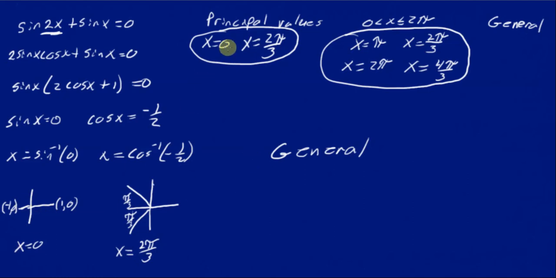So I don't need both of these answers. I just need a single one. And you can start at 0, it doesn't matter. You don't have to go to the principal value. That is the principal value. Start at 0 plus, and I'm just going to add pi n, of course, where n is an integer.